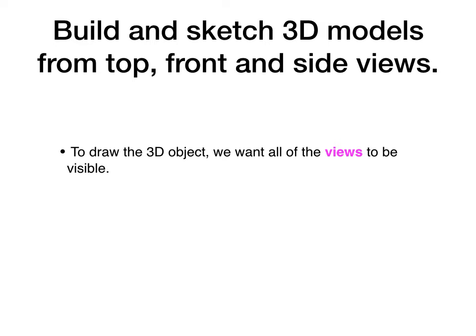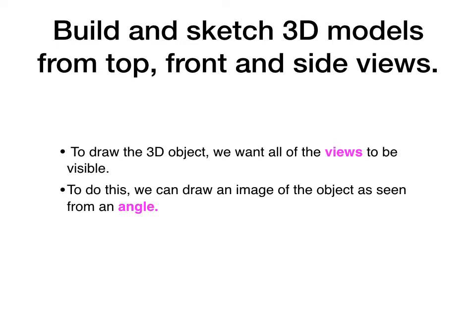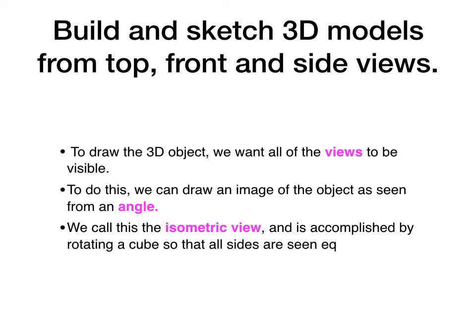So to draw the 3D object, we have to have all 3 views visible: the top view, the front view and the side view. So in order to achieve this result, we have to draw the image of the object as seen from an angle. And this view is called the isometric view. And it's accomplished by rotating a cube so that all the sides are seen equally.